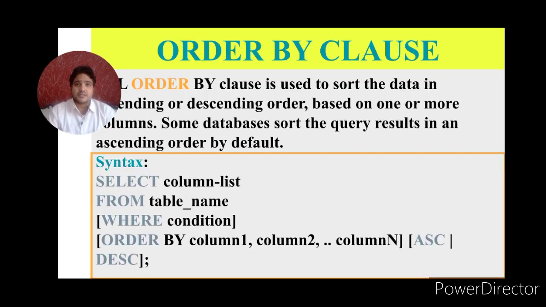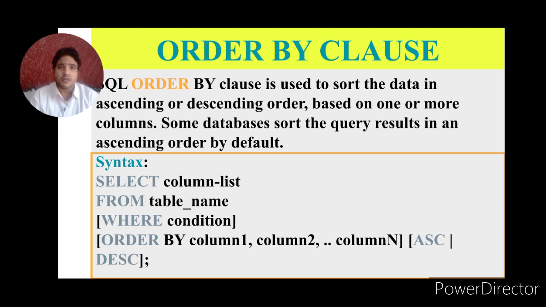In the order by clause, basically this clause is used to sort the data based on an attribute in ascending or descending order. By default, it provides ascending order for a table.